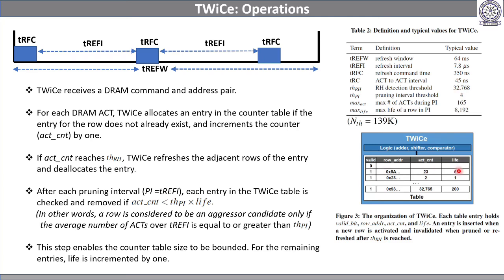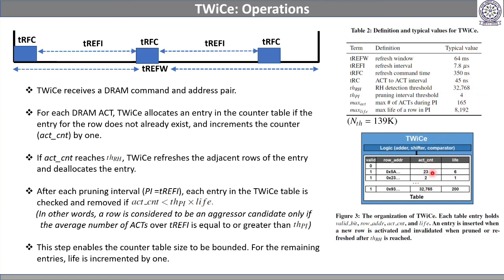Otherwise, suppose this value is 27 and 6 into 4 is 24, so this value is higher. That means there is a chance that this row becomes the aggressor row, but it is not an aggressor row right now, because to become an aggressor row, this count must reach THRH, 32768. It must be this or higher, then only we can say this is an aggressor row.